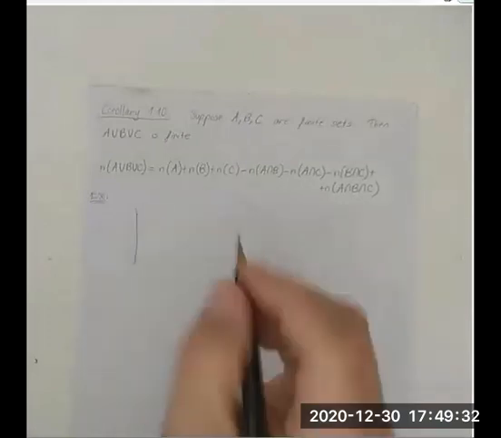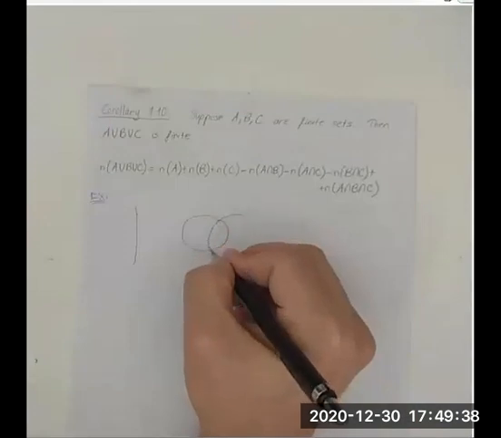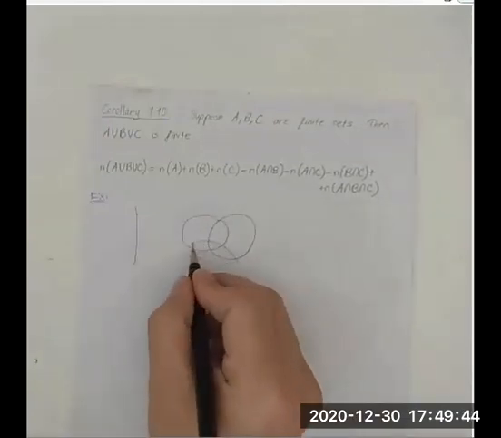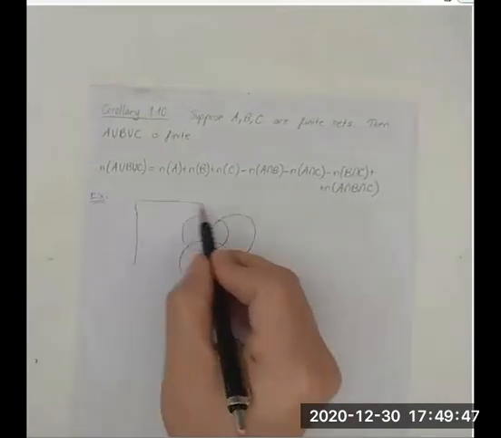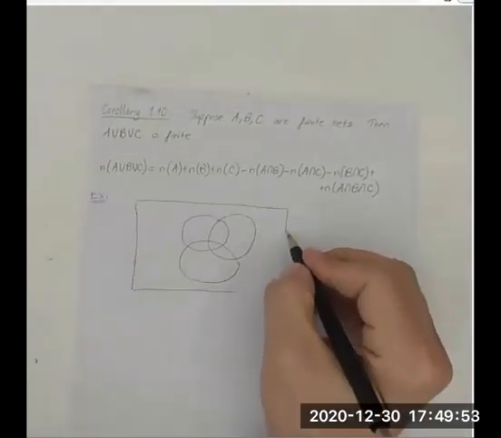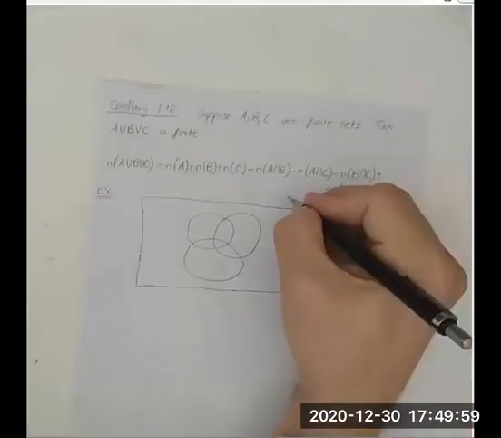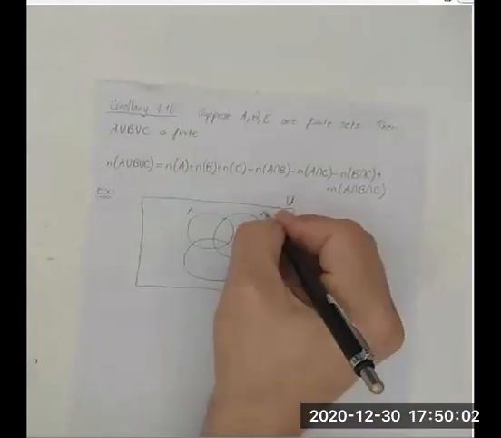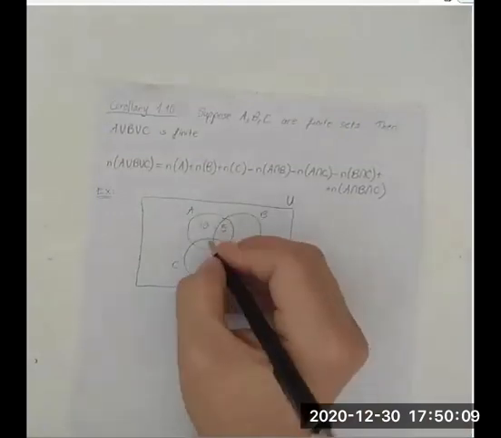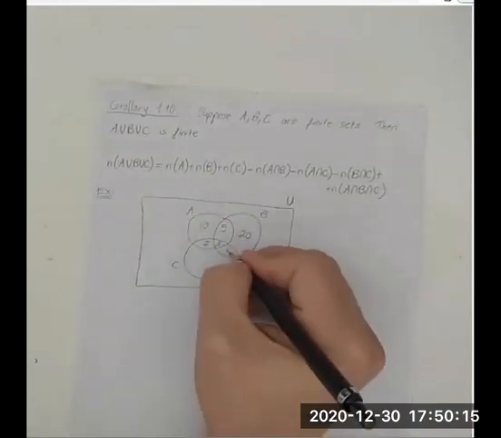We have three sets, and this is the universal set U, with A, B, and C. Let's say here are 10, 5, 2, 3, 20, 4, and 15.